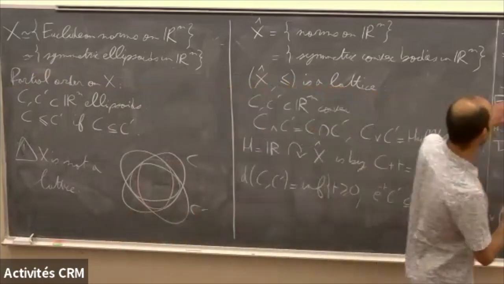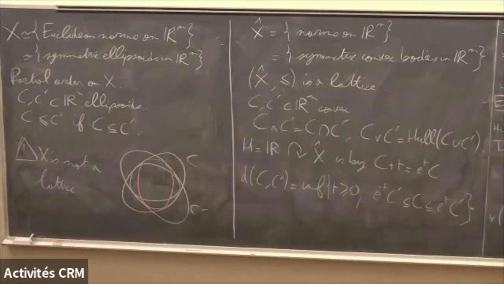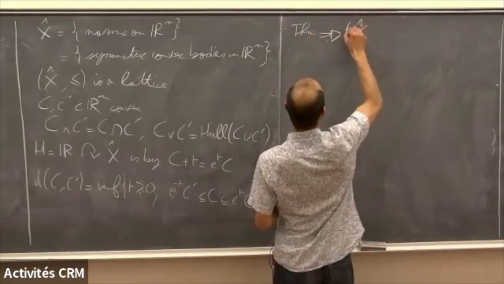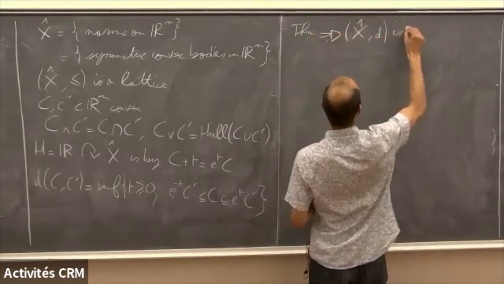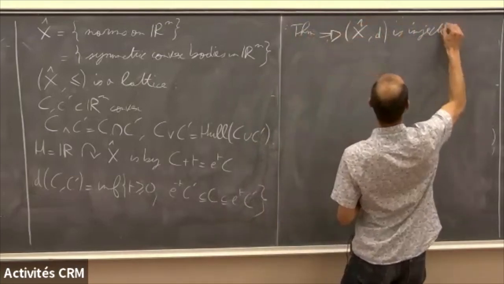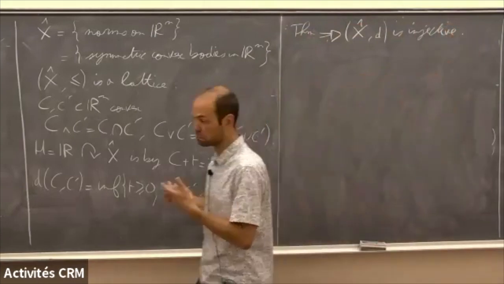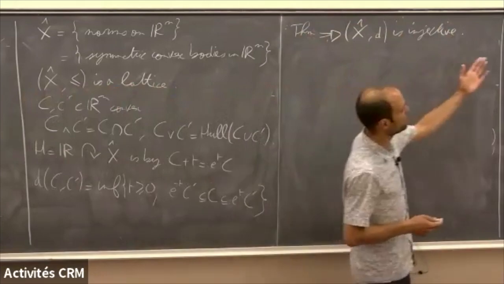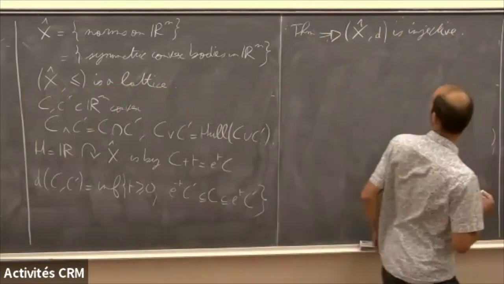Okay. And what this result tells us is that this space with the metric D is injective. Okay, so already it's quite nice. And we would like to relate it to the group we started with, which is GLNR.